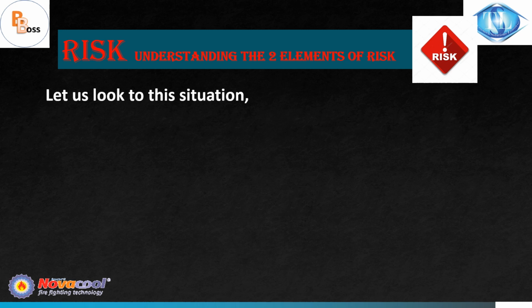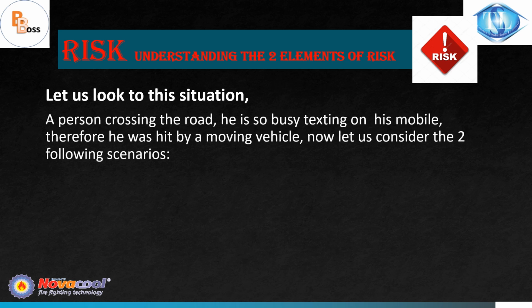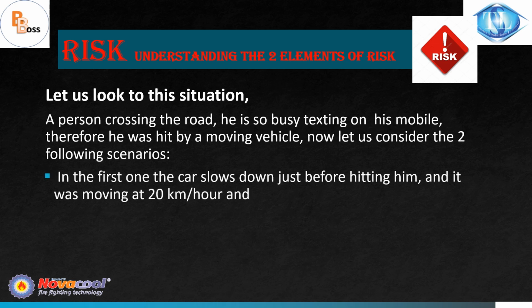What about risk? Before going on, let us consider this situation. That guy crossing the road, looking into his mobile, not paying attention, and a car coming fast. So he was hit by the car.